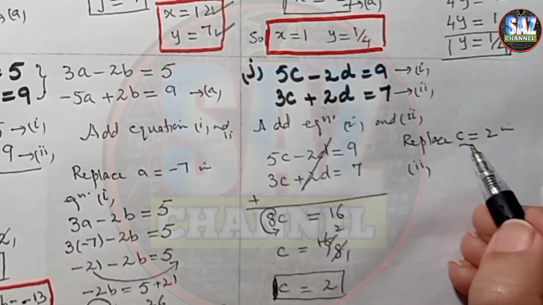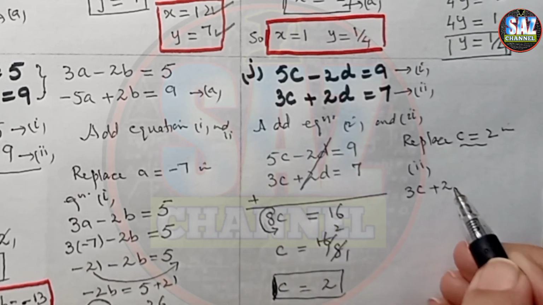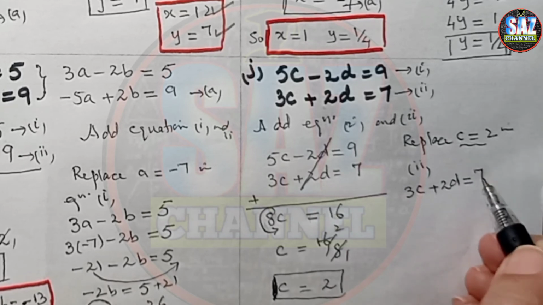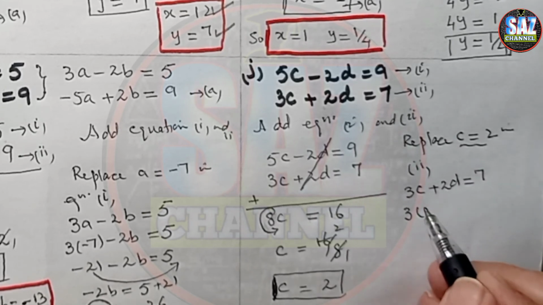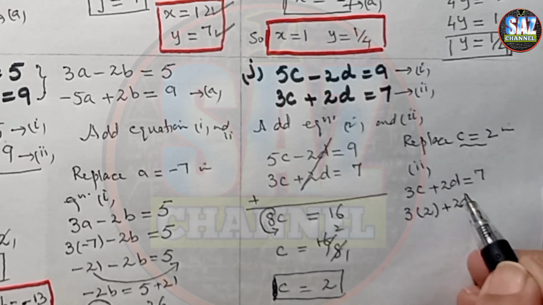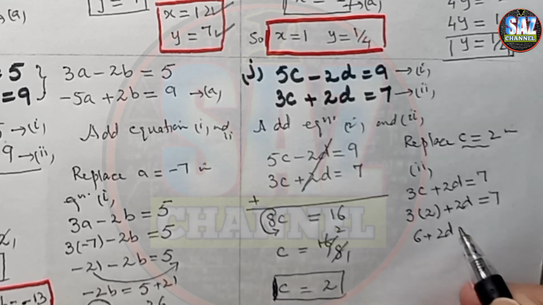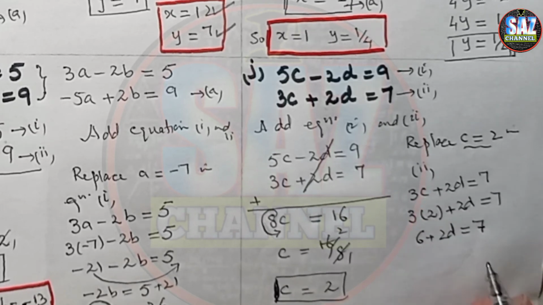This equation is 3c plus 2d equals 7. 3 into 2 is 6, plus 2d equals 7.